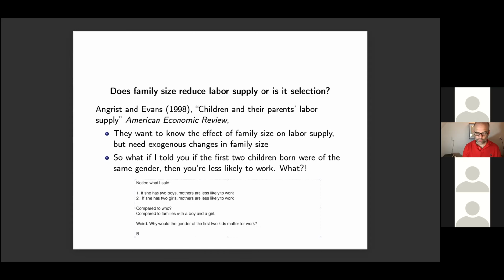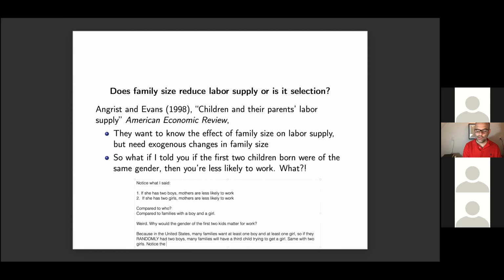Okay. Because in the United States, many families want at least 1 boy and at least 1 girl. So if they randomly had 2 boys, many families will have a 3rd child trying to get a girl. Same with 2 girls.